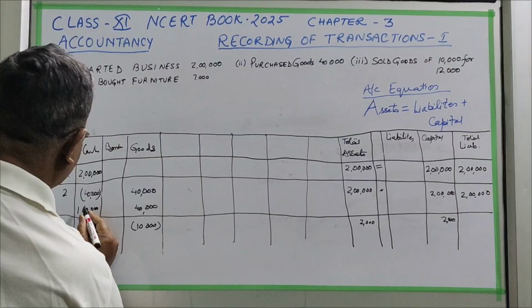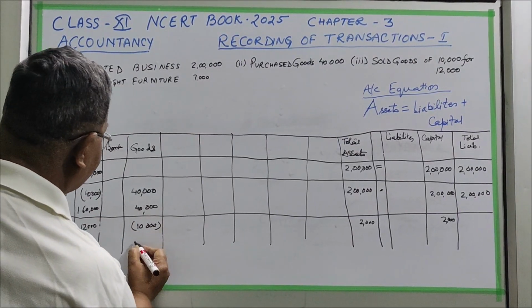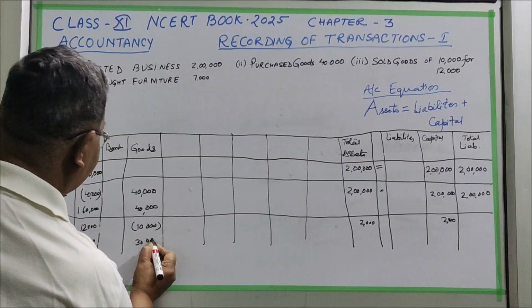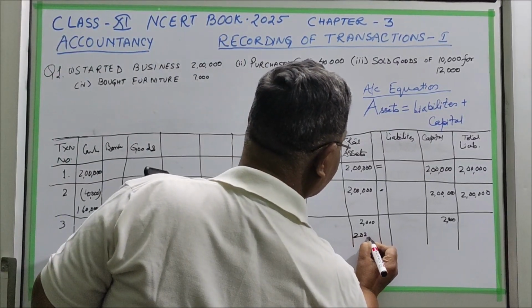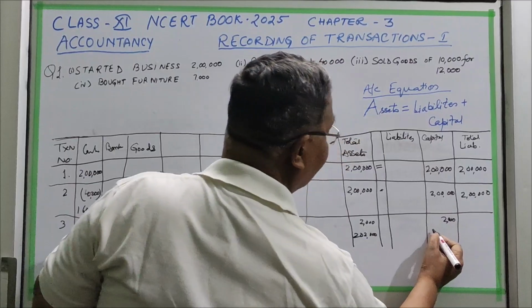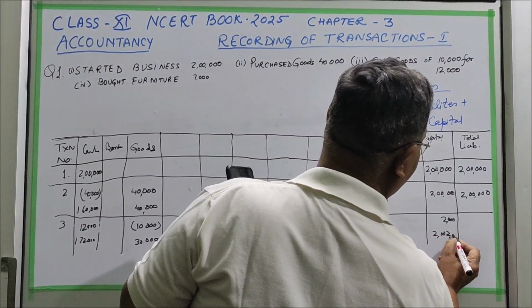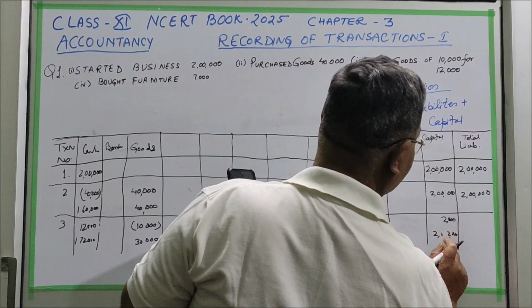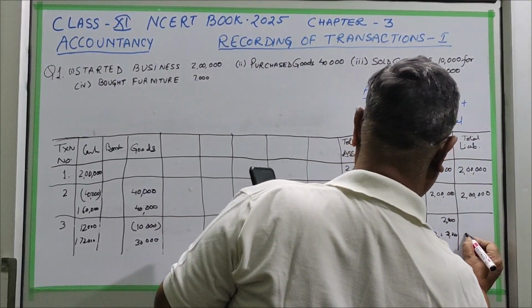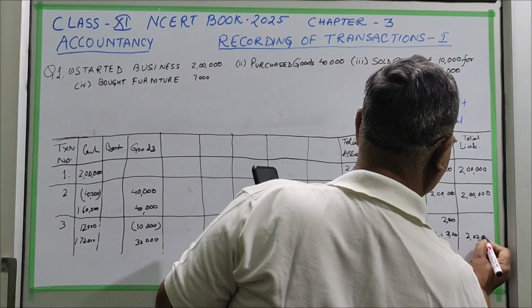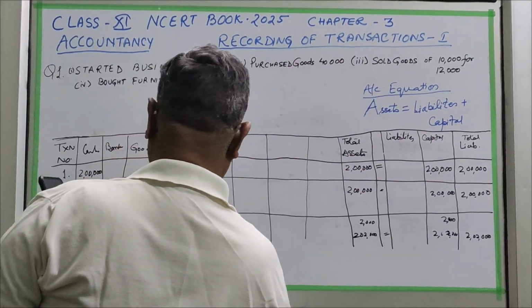So this 1,72,000, this 10 will go, it will become 30,000, and the total will again become 2,02,000. And here also the original entry was 2 lakhs, so it will become 2,02,000, and the total will become 2,02,000, and this is also equal, and this is over.